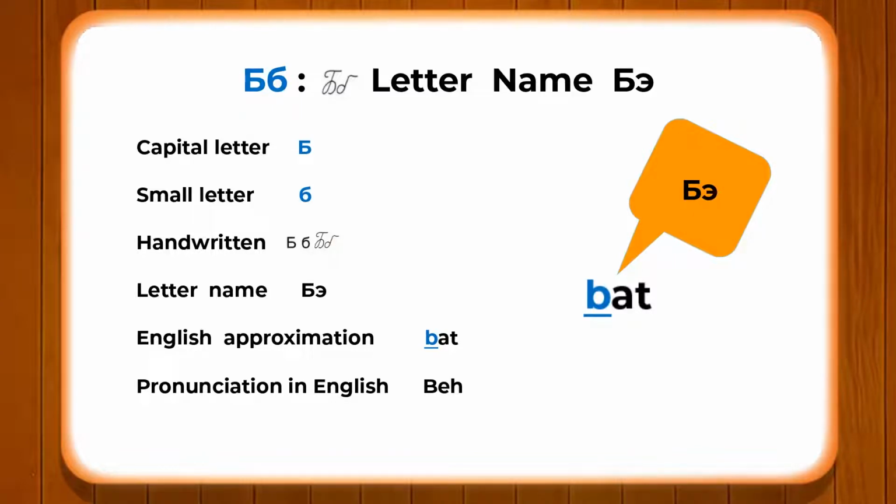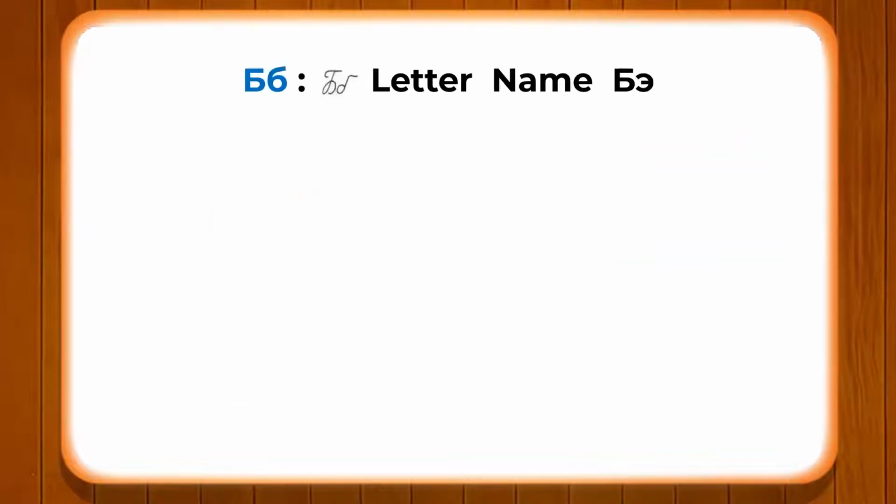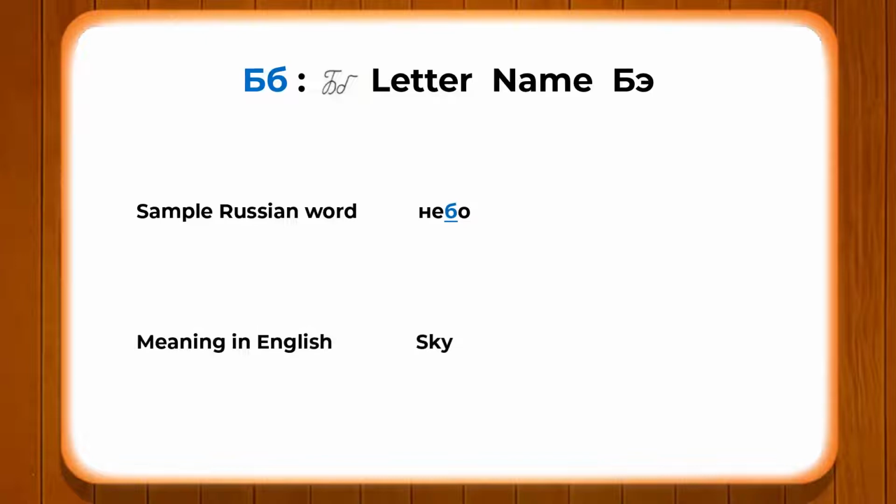We have also used another word from the Russian vocabulary, небо, nebo. I would like to recommend that you pay attention to the sound falling on the letter, as in nebo, which means sky. Now, we will go to the next letter.